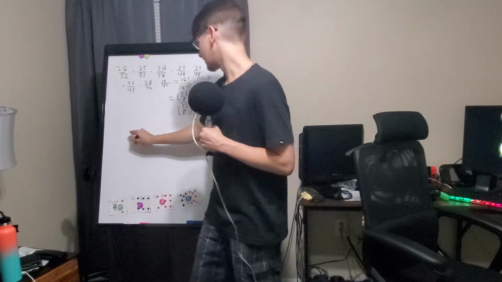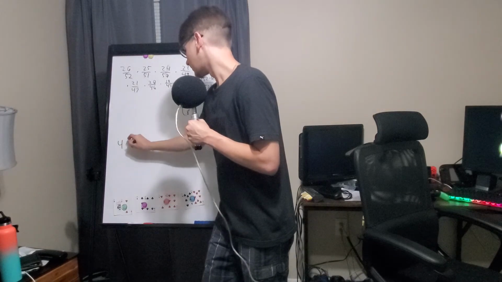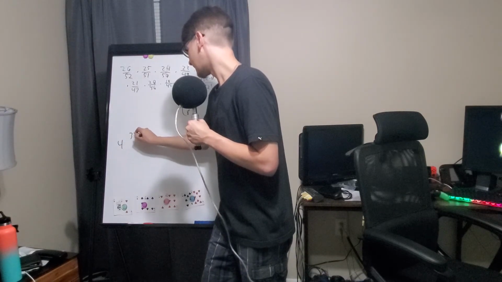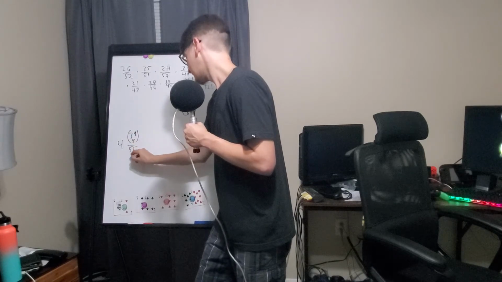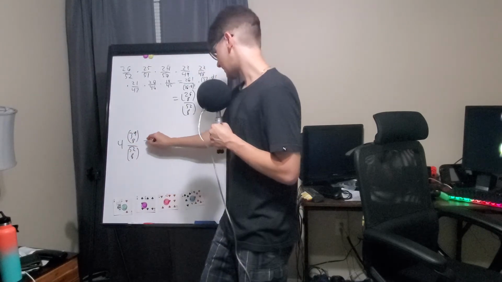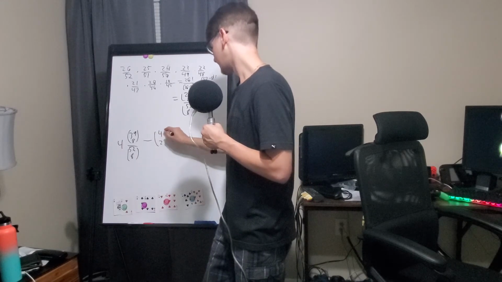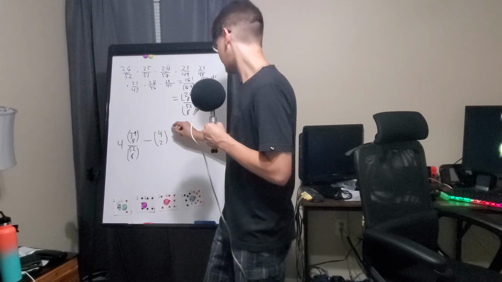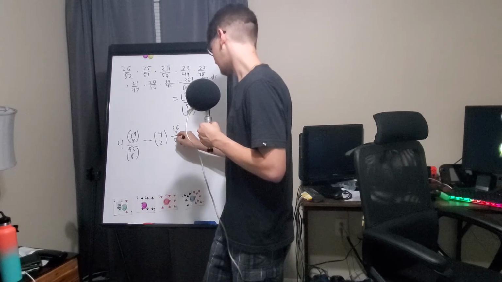It's 4 choose 2. So what we're now going to do is we're going to take our initial 4 times 39 choose 8 divided by 52 choose 8. And we're going to subtract out 4 choose 2 times 26 choose 8 over 52 choose 8.